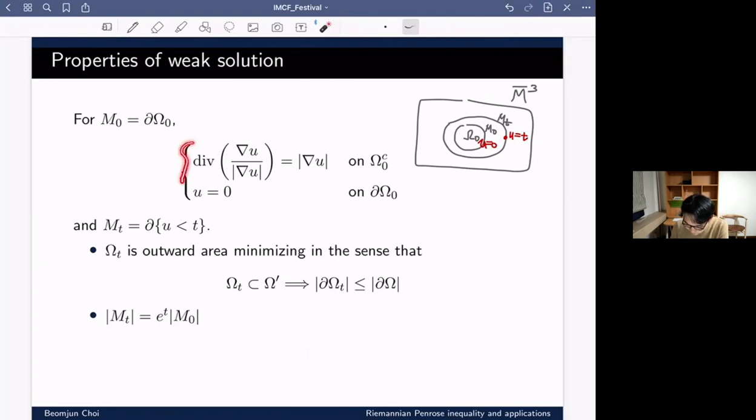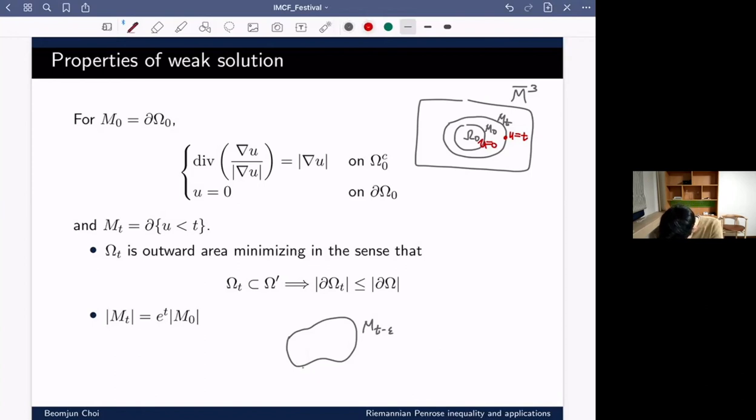And some important properties of this weak solution: the solution is outward area minimizing at each time. Moreover, this weak solution still satisfies this exponential growth of area. By the way, one typical singular behavior of this weak solution is that your solution at some time, say t minus epsilon, could look like this, but immediately at Mt, it can jump.